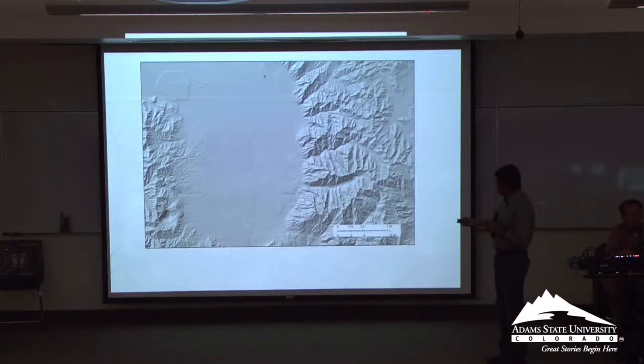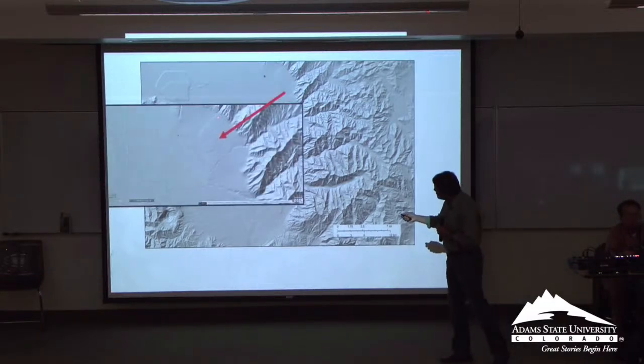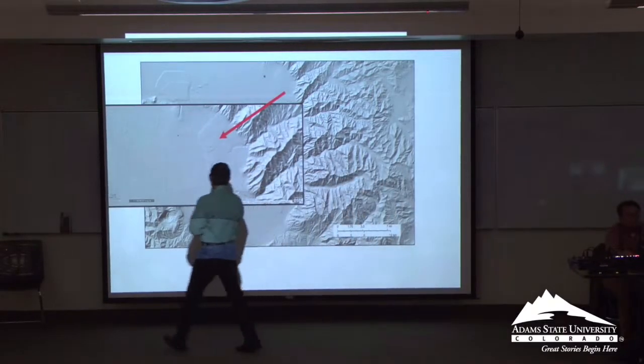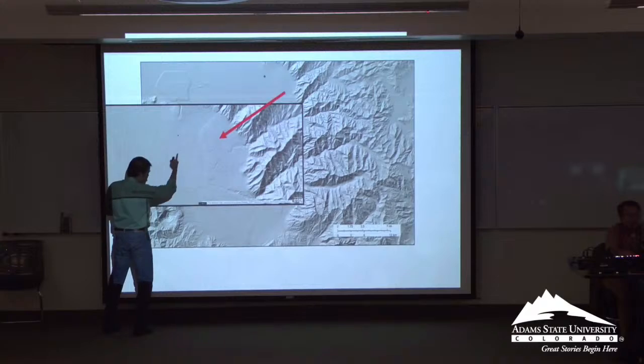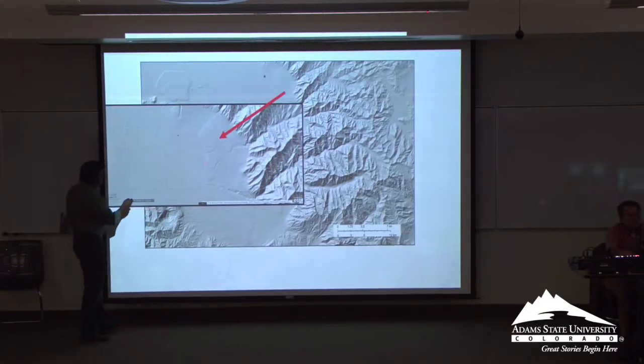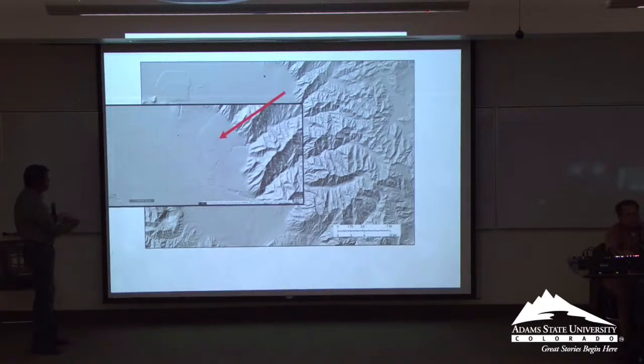If you look closely, you'll see that the fan abruptly ends here. Fans don't end like that. It would have spread out. So what I think might have happened is the fan probably spread out to at least here. So they've removed sediments to flatten it out to build.